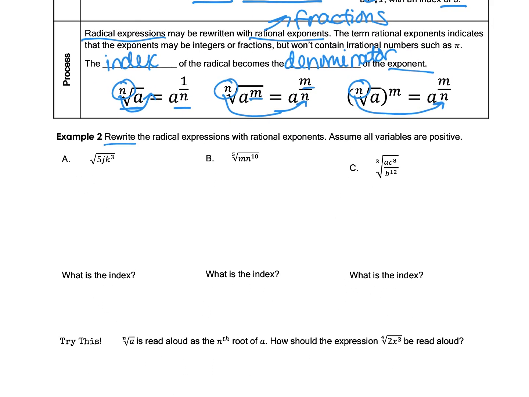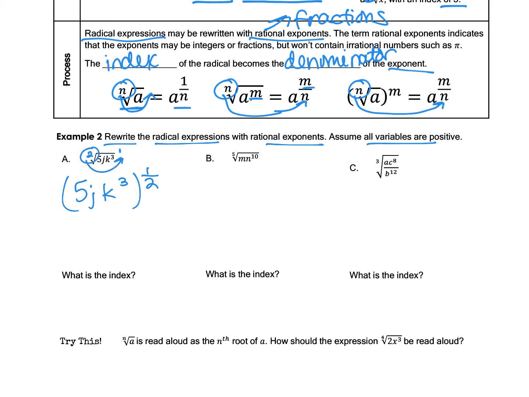All right, so we're going to rewrite the radical expression with rational exponents. Assume all variables are positive. So this is a 2. So I'm going to rewrite it. Everything under the radical needs to be in parentheses, and since there's not an exponent, I'm going to put a 1 and a 2 there, because the index becomes my denominator, 1/2.